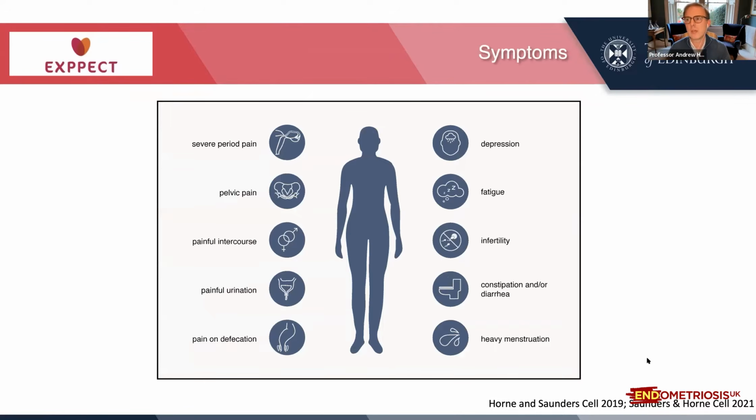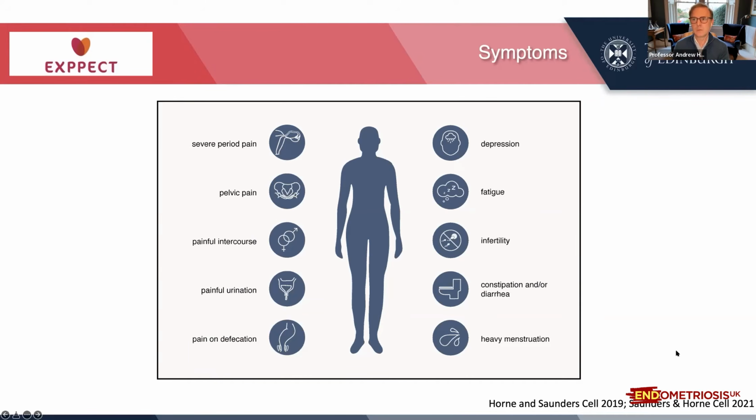But of course, endometriosis is much more than the lesions themselves, because it's associated with a range of different symptoms. These symptoms are often cyclical in nature, and they include a range of pain symptoms such as pelvic pain, pain with periods, pain with sex, pain passing urine, pain opening the bowels.